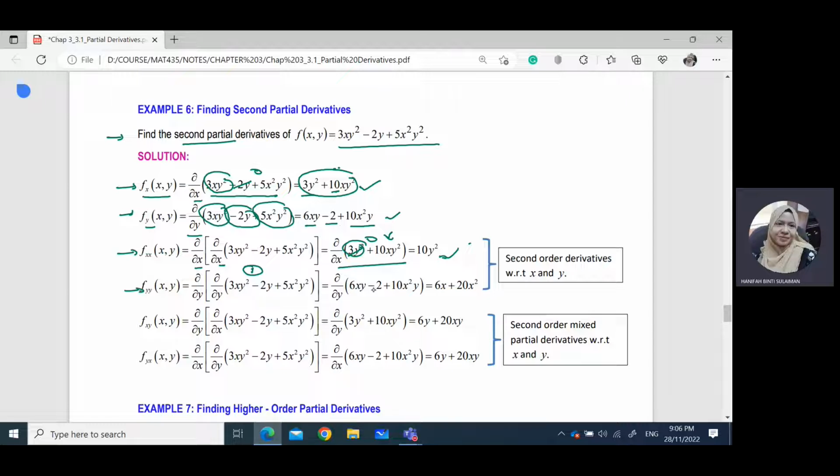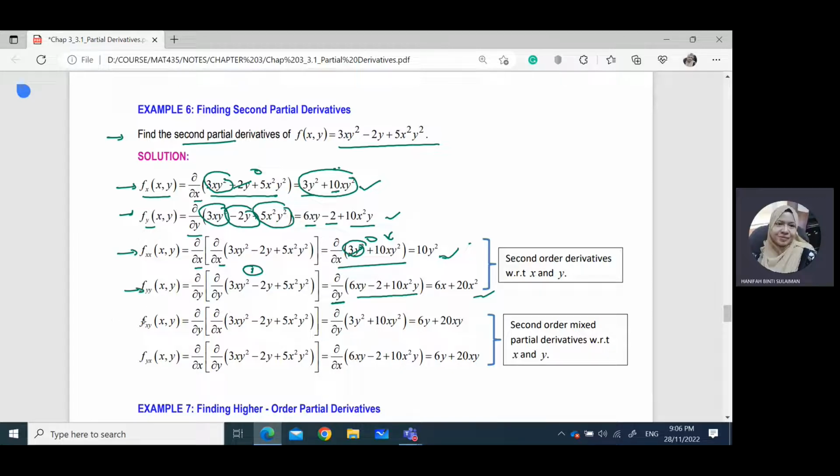So kita dapat 6xy minus 2 plus 10x squared y. And for the second time, we differentiate with respect to y on the first order derivative with respect to y. So kita differentiatekan sekali lagi ke atas y. Then kita akan dapat jawapan yang ini. 6x plus 20x squared. So this is the answer for second order partial derivative with respect to y.